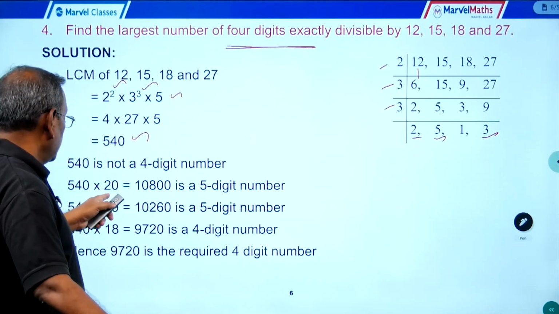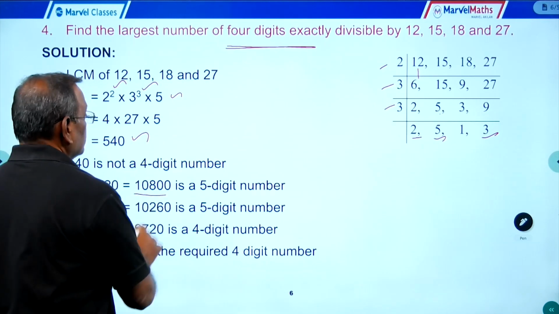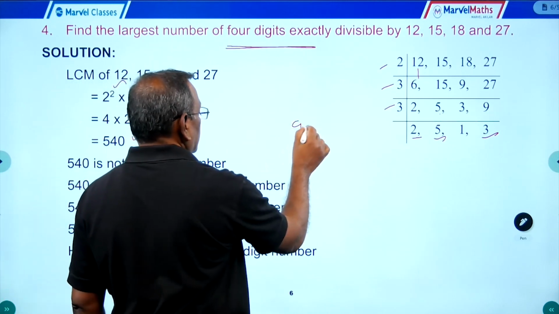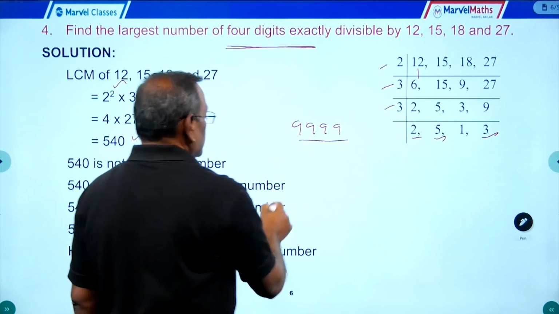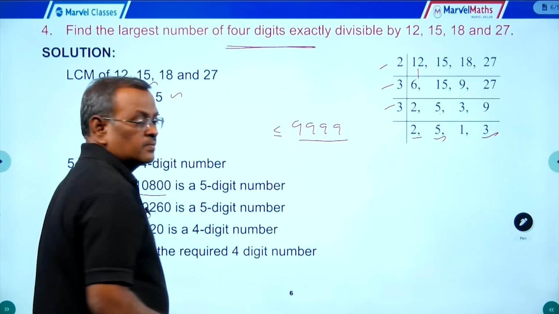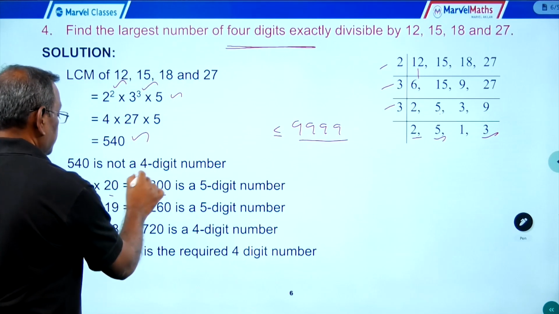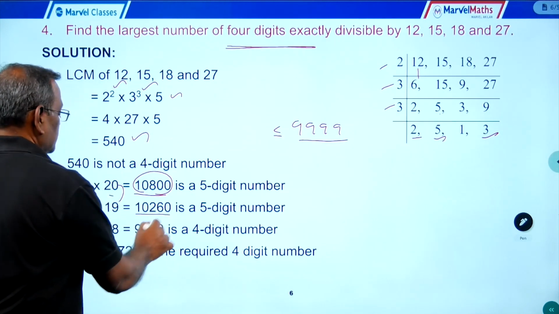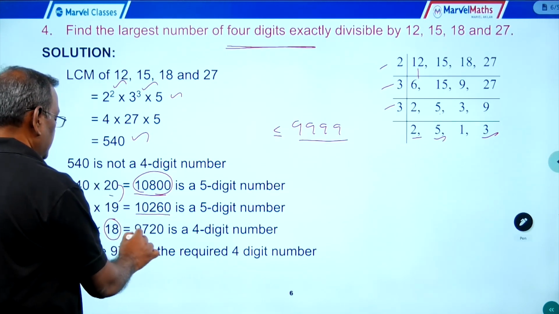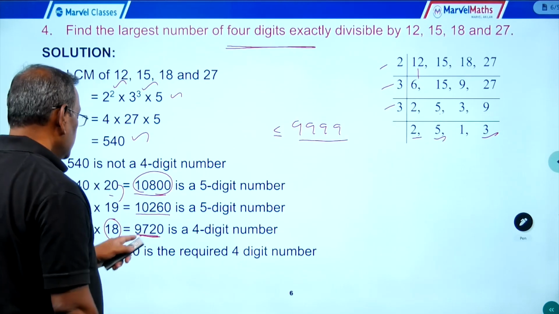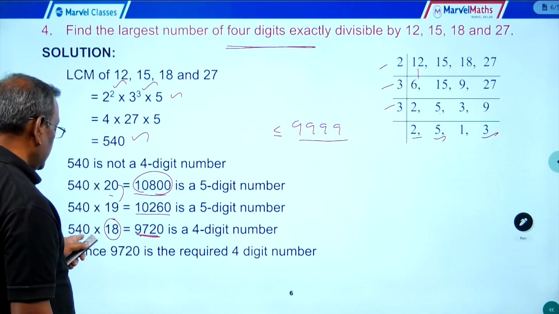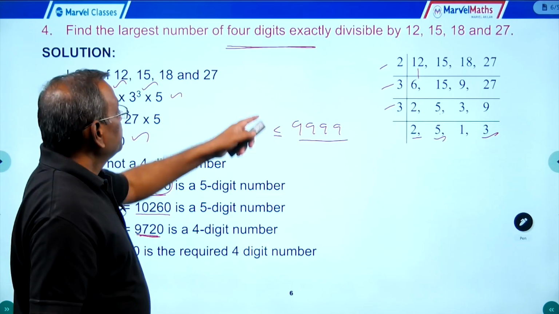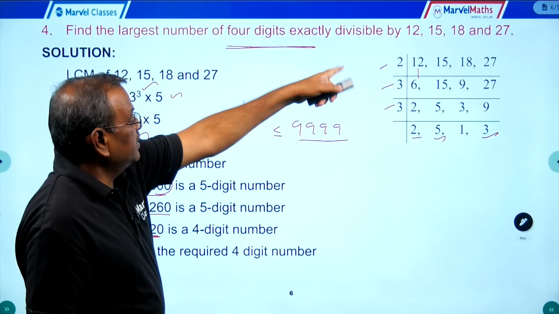If you multiply by 20, it is 10,800. But the question is the largest 4-digit number, that is 9999, so less than or equal to this. This is more than that. If you reduce and multiply by 19, it is 10,260. But if you multiply by 18, it is 9720. So 18 times 540 is 9720, which is the largest 4-digit number divisible by 12, 15, 18 and 27.